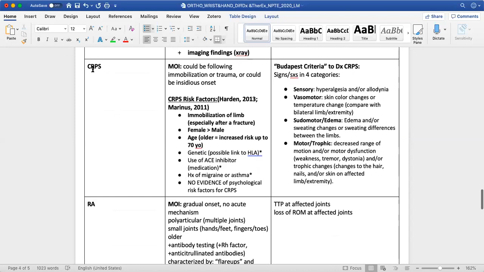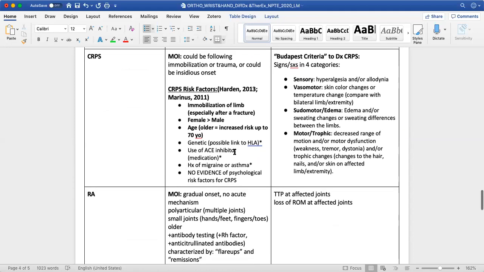CRPS, or complex regional pain syndrome. So there are different risk factors for this, but commonly you're going to see this following prolonged immobilization or trauma, and it's a sympathetic dysfunction or sympathetic deregulation. And so because of that, you're going to see kind of this category of signs and symptoms. So sensory changes, vasomotor changes, pseudomotor, and trophic changes.